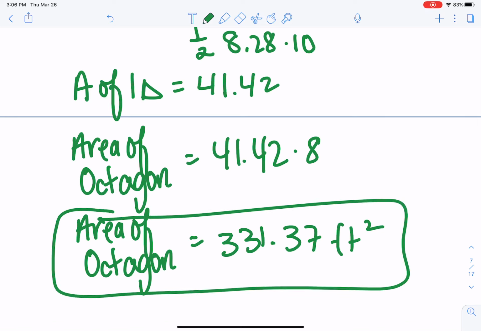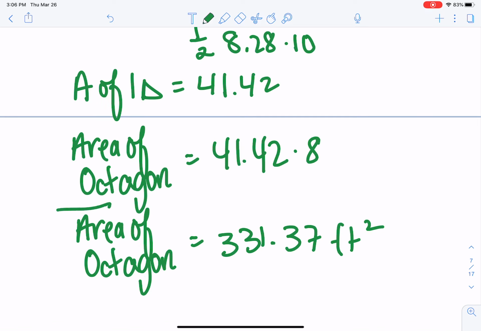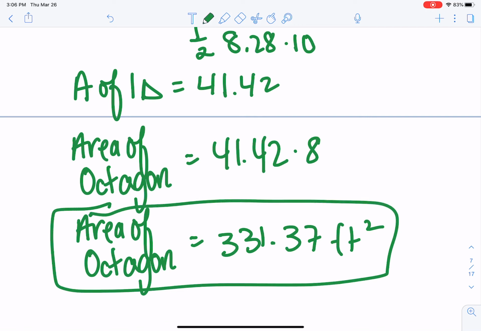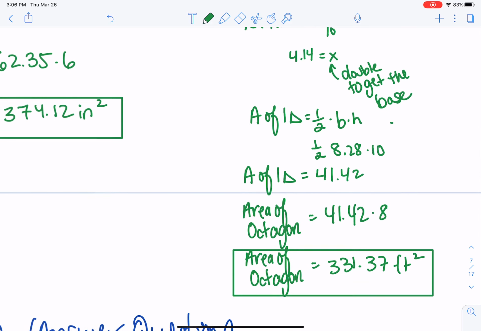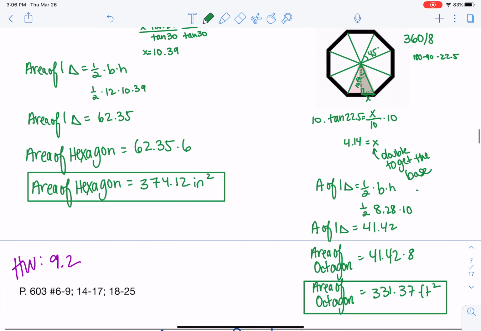So 10 feet seems kind of crazy for a stop sign. 10 inches, that seems a little more realistic for the apothem. But you could find the area for a stop sign this way.